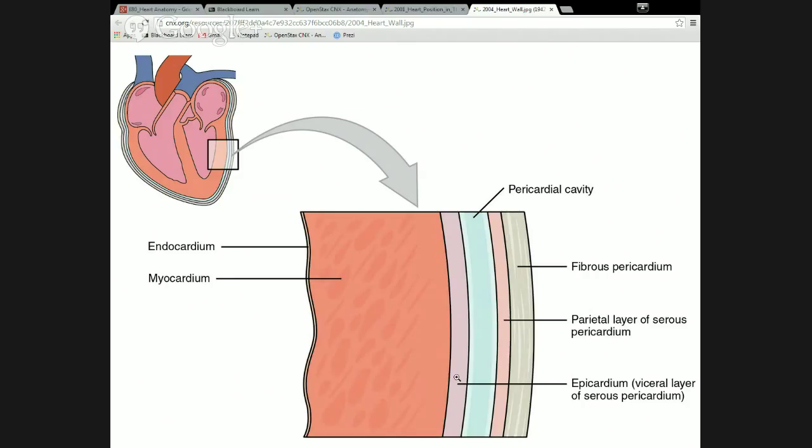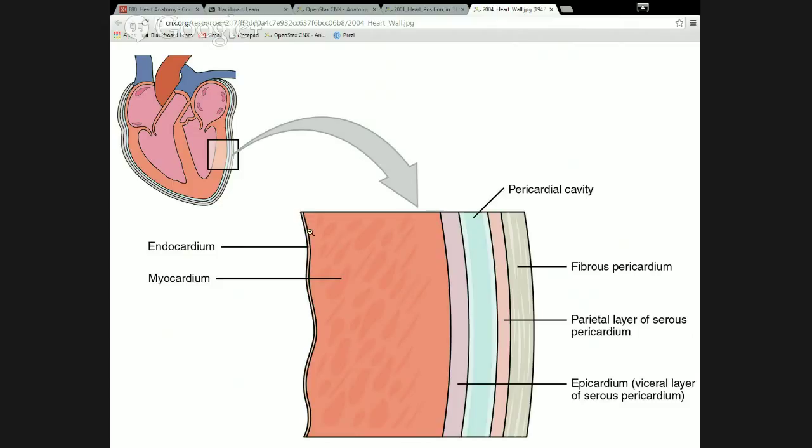Then as we go deep to that, the next layer, which is all of this kind of red colored area here, is the myocardium. It is essentially cardiac muscle tissue, although it also has some connective tissues in it to help hold it together, very similar to connective tissues that we saw in skeletal muscle, like the endomysium and perimysium and that kind of stuff, holding it together. We don't have quite the same layers, but there's connective tissue in there holding everything together.